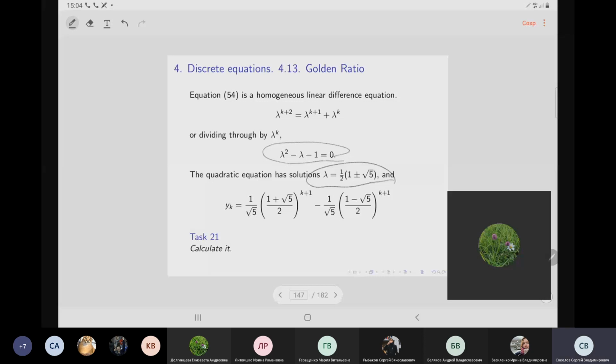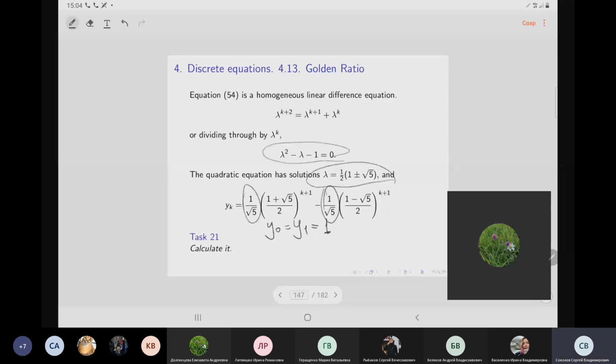And one can see that for any natural k, the result will be natural, the same. A bit strange, but it works. And these roots, these fractions are derived from initial solutions. So y0 and y1 must be 1.